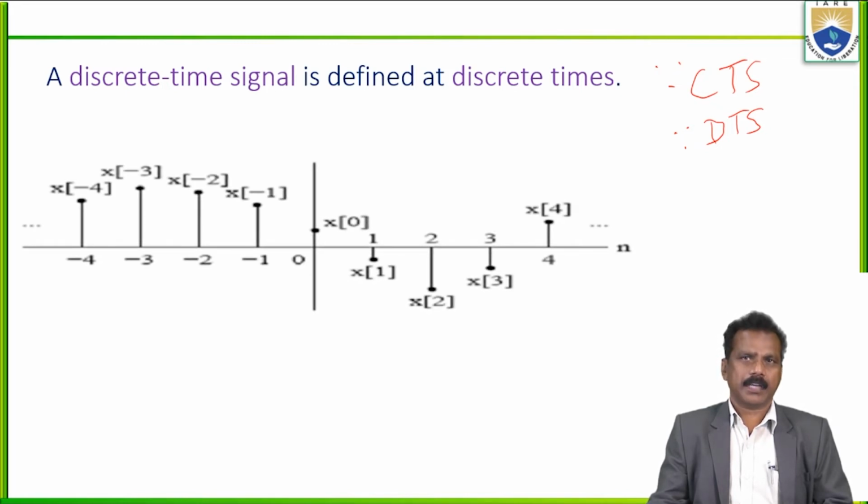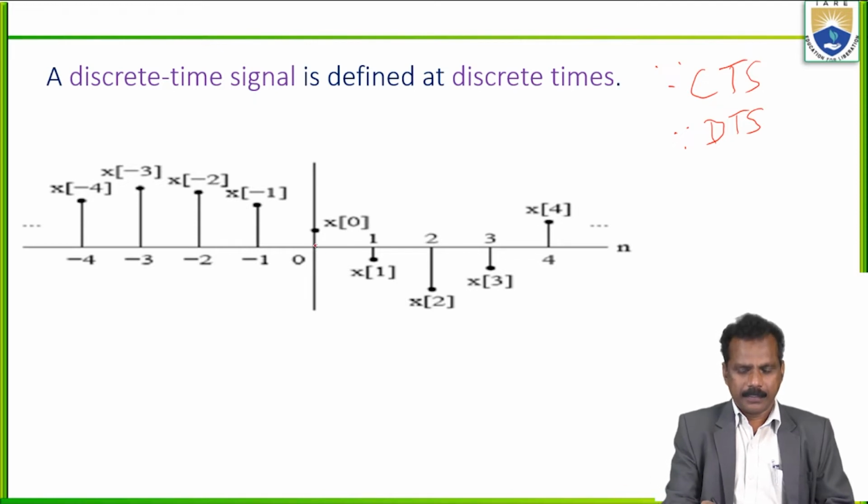Here n versus x of 0, from the origin, x of 0, x of 1, x of 2. A discrete time signal is defined at discrete times: x of 0, x of 1, x of 2. X of n is a discrete term.